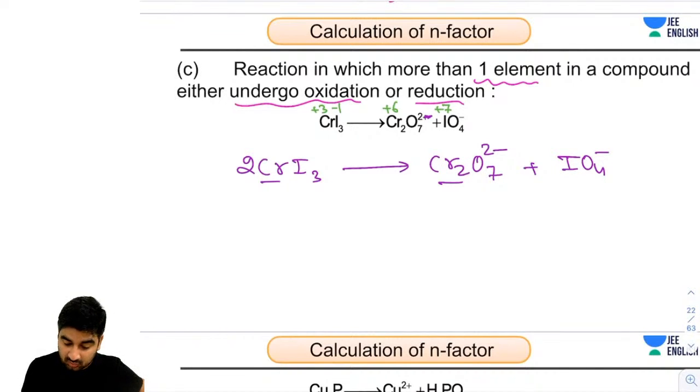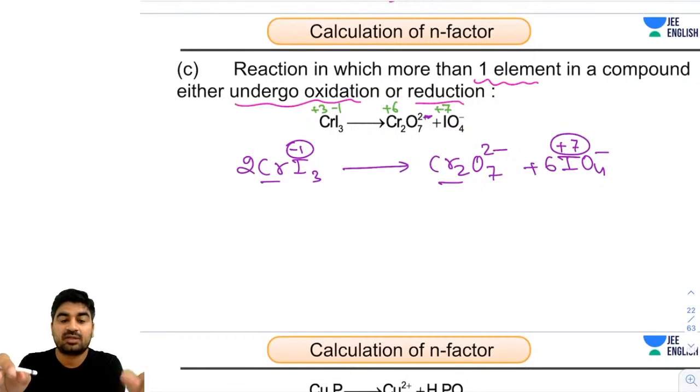If this chromium is balanced, now I'm talking about iodine. So iodine is having -1 and here it is having +7. So how many iodine are there? 6 iodine. As we are doing, you just have to balance only those atoms for which the oxidation state is changing.